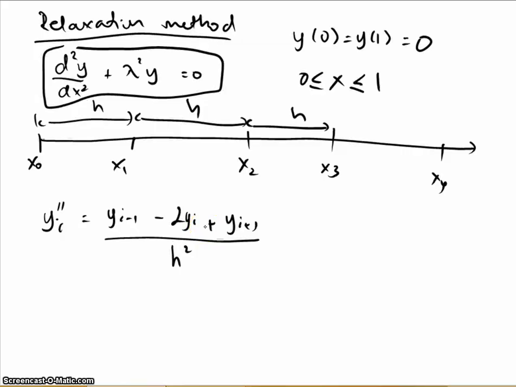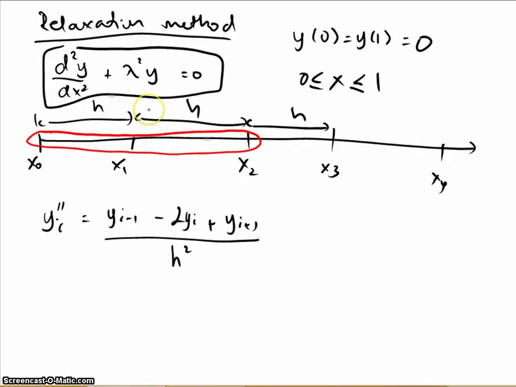So what we need to do is we need to apply this approximation to each interval that we have. If you look at this term here, each approximation of your y double prime requires 3 points: your i minus 1, i, and i plus 1, which means for every interval you need to account for 3 points here.